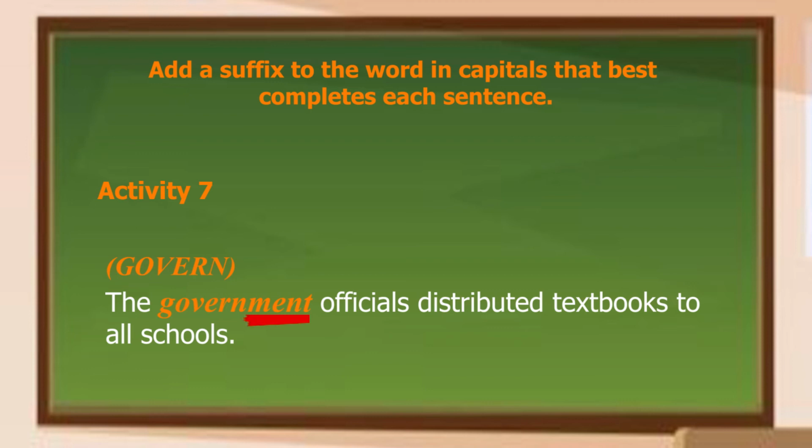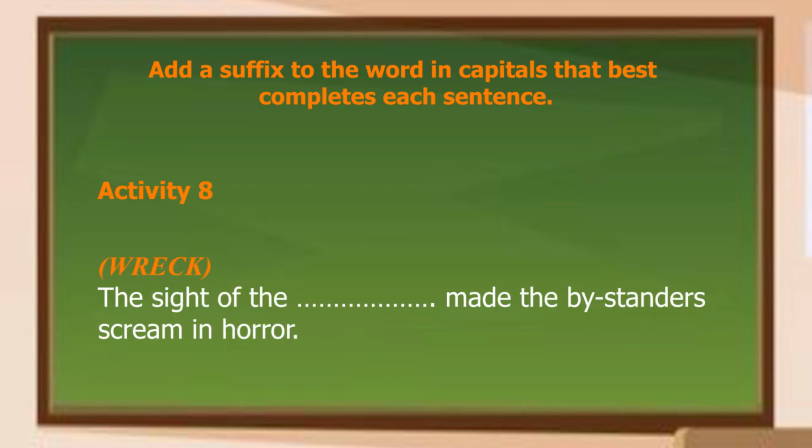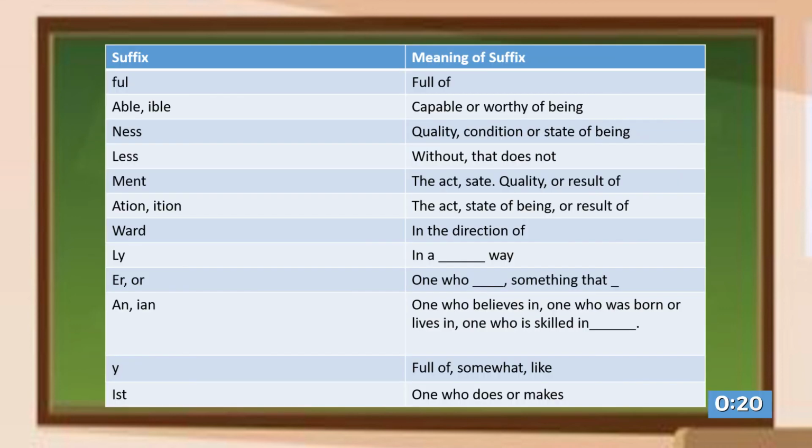M-E-N-T. So it now becomes the government officials distributed textbooks to all schools. Number 8, we have the word wreck in brackets. And the sentence reads, the sight of the something made the bystanders scream in horror. Which suffix should we add to the end of the word wreck?